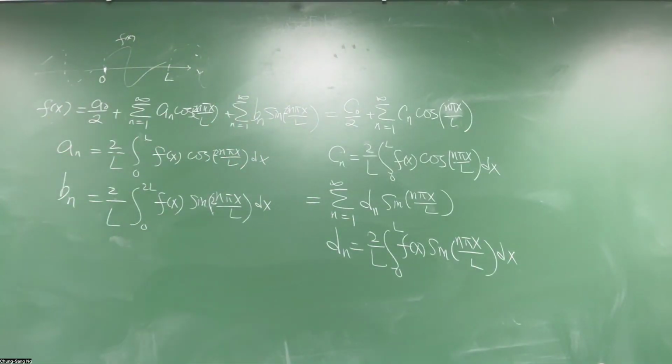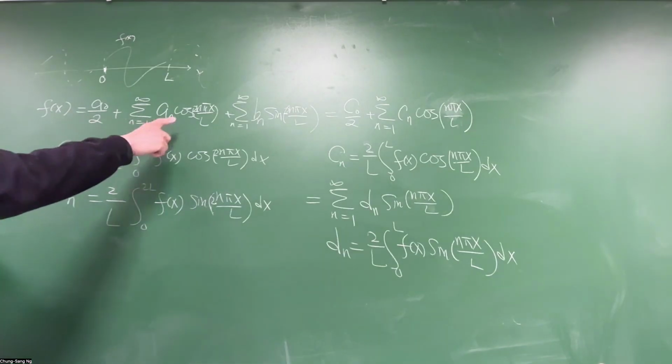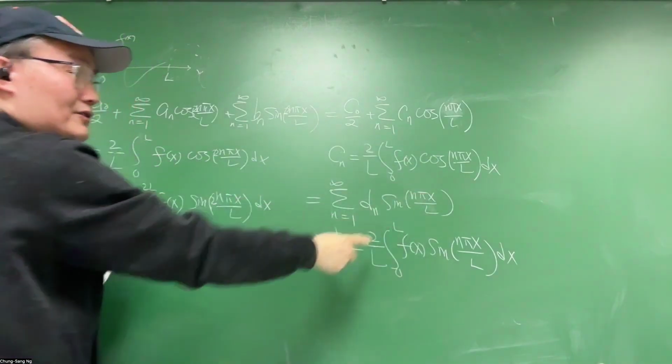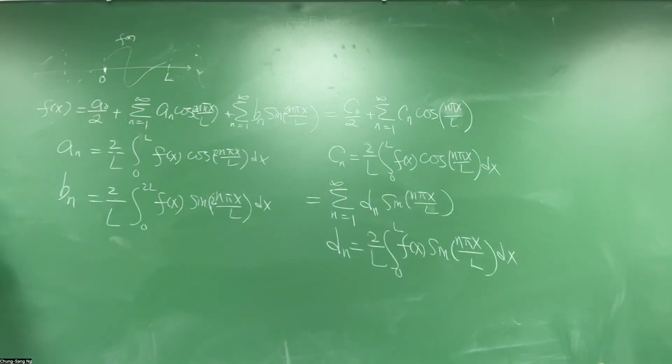Okay, so now do you see the difference? There are 3 series: the full cosine and sine series, the cosine series, and the sine series. Now can you see very apparently that the 3 series are different in a major way?